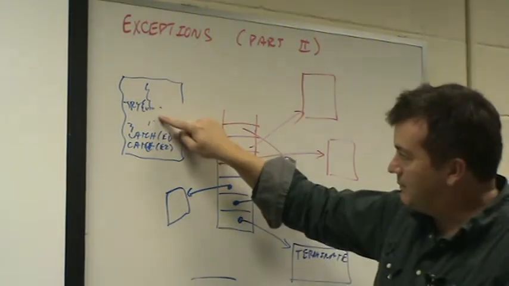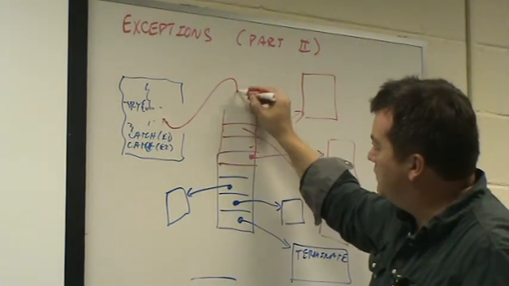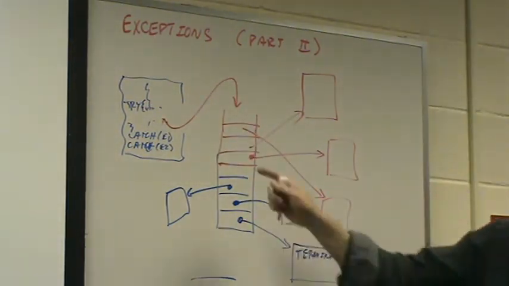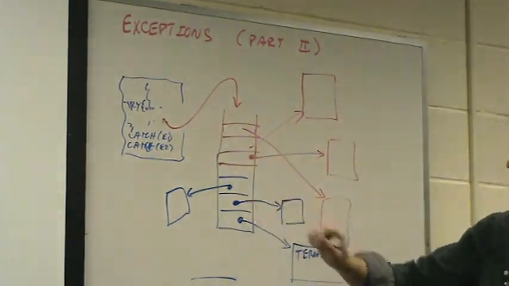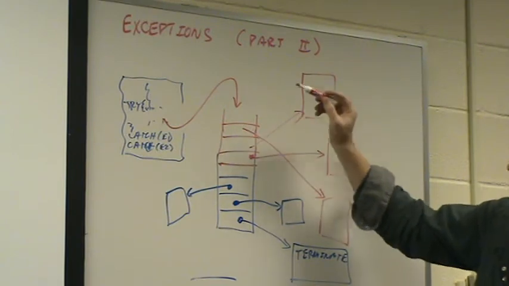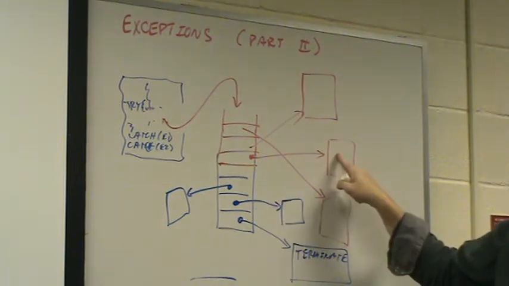Now, if an exception happens in here, control will go to the stack looking for a match. So that's kind of where they get that expression, throwing an exception. We're throwing it to the exception stack. We go popping down the stack until we find an object that matches the type. That routine will then run.